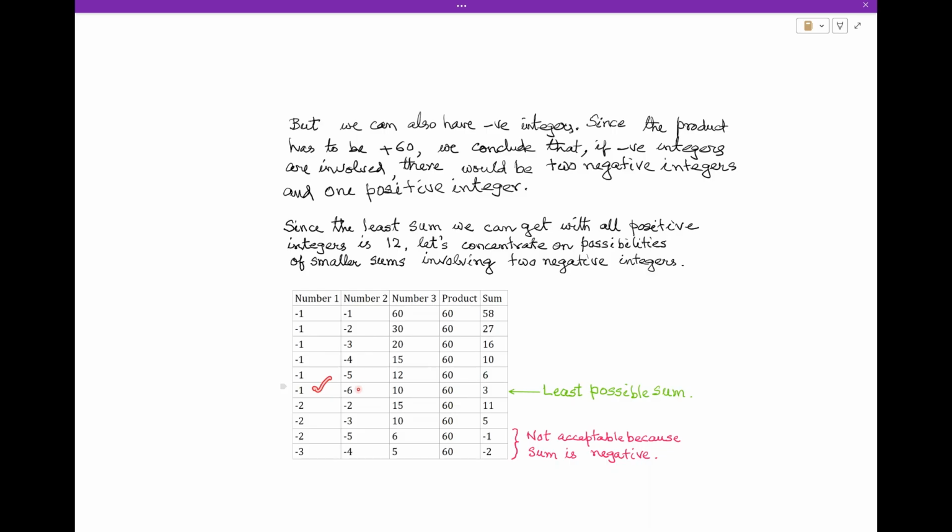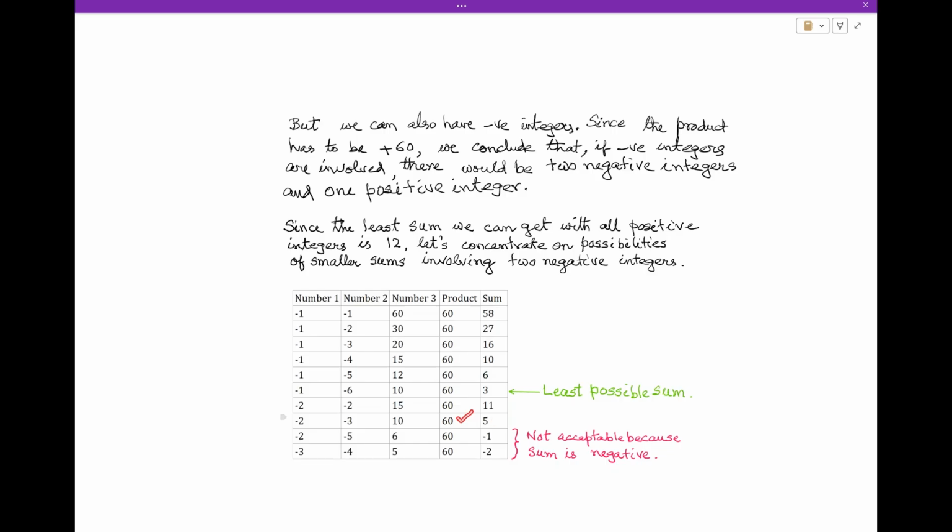Minus 1, minus 6, 10. Product is 60, but the sum is 3. Minus 2, minus 2, 15. Product is 60 and the sum is 11. Minus 2, minus 3, 10. Product is 60.